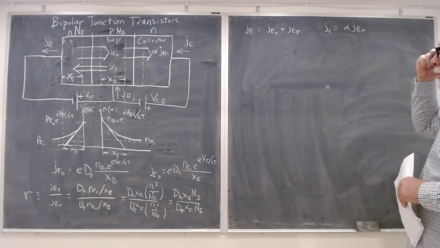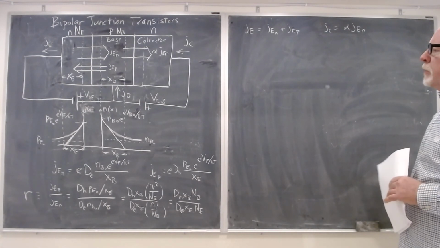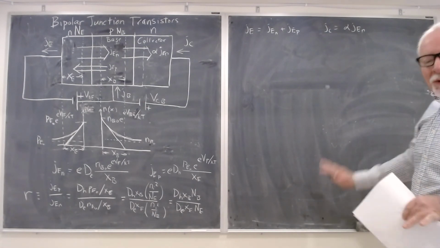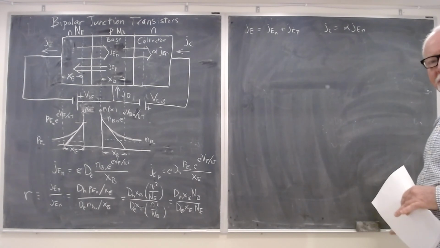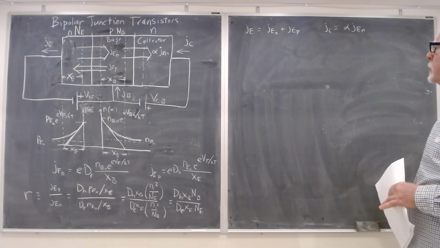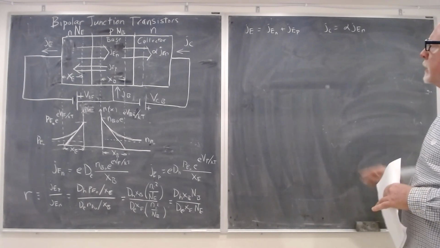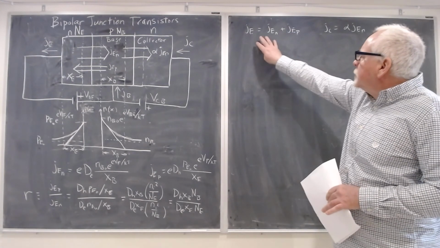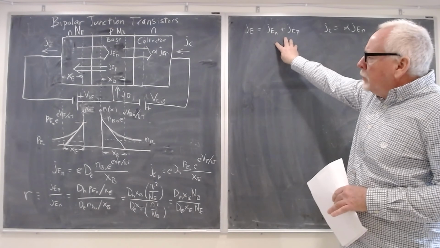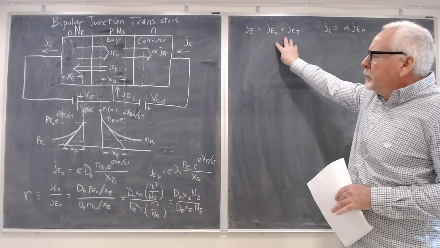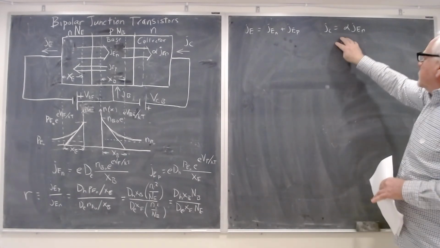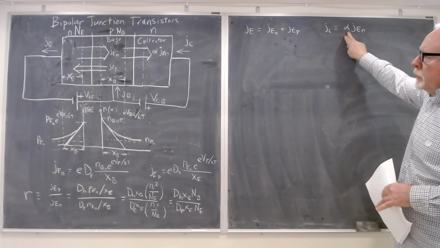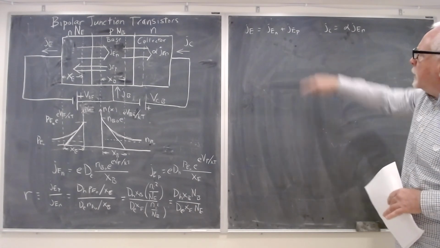All right. Now you may be wondering what's JB. Don't worry about it, okay? JB takes care of itself. We just have to know what JE and JC are. So, this is very simple really, because JE is the hole and electron current of the forward bias base emitter junction, and JC is just this alpha, you know, something close to 1, times JEN.